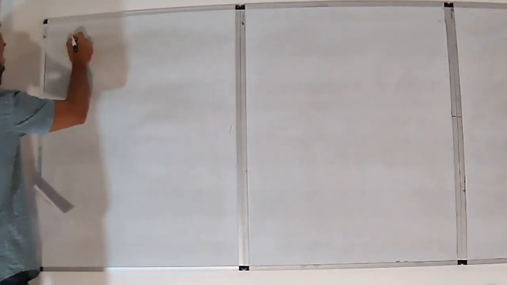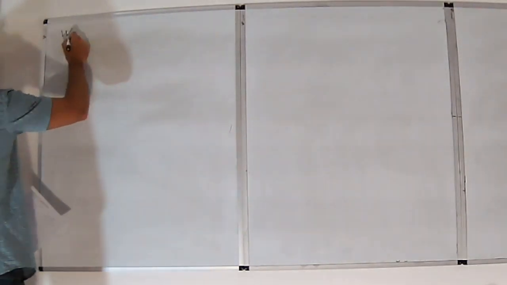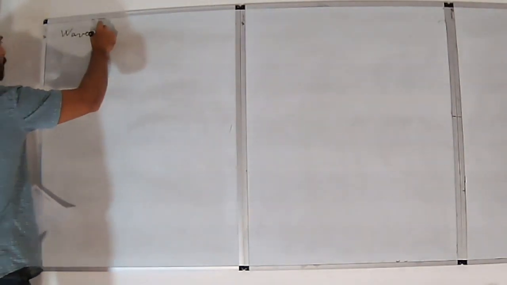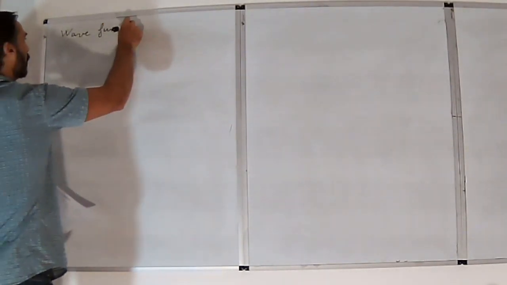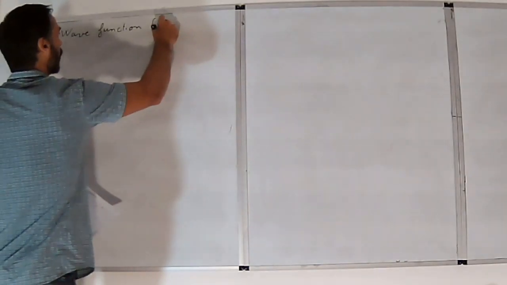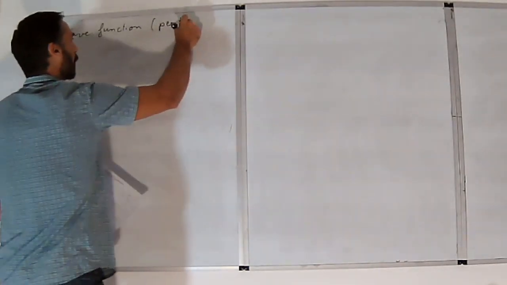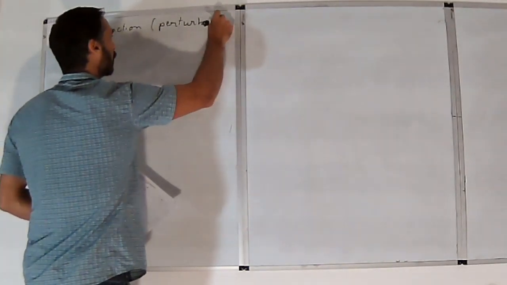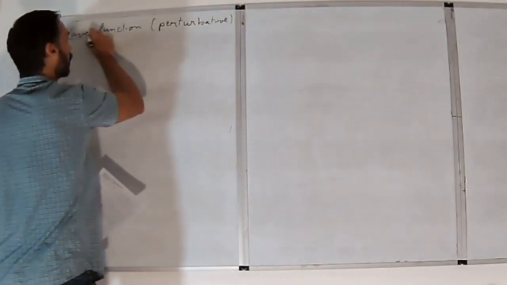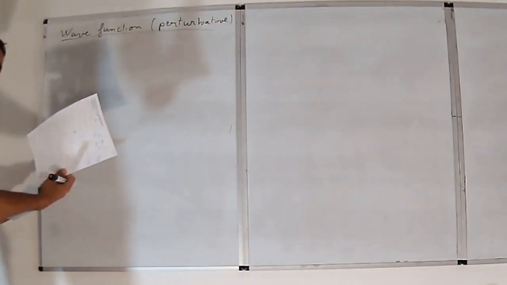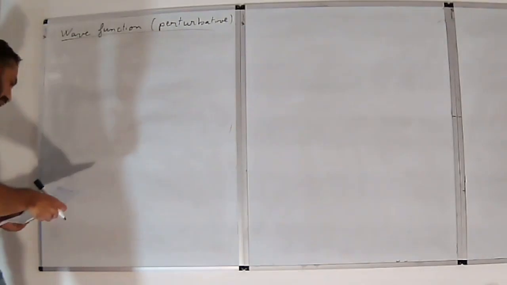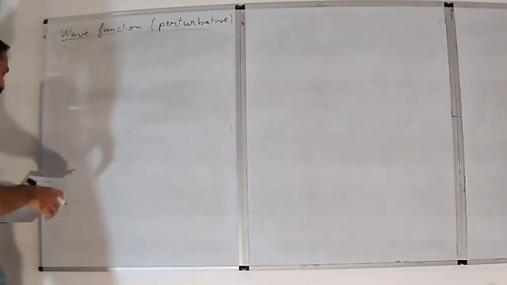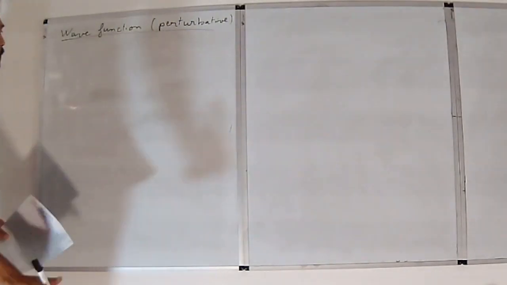For this, this is what I will call the wave function. And here I will be perturbative. So in order to do that, I will have to introduce a few notations.